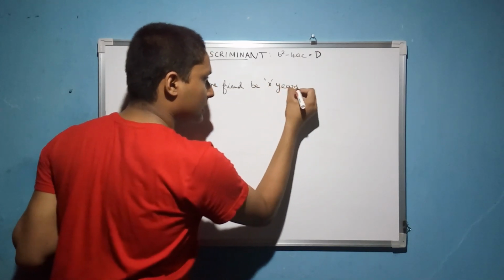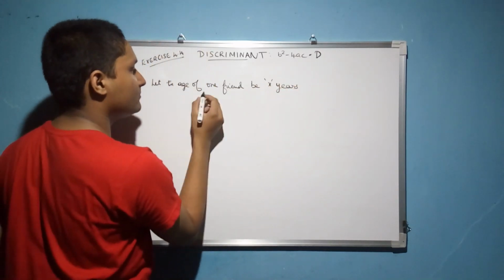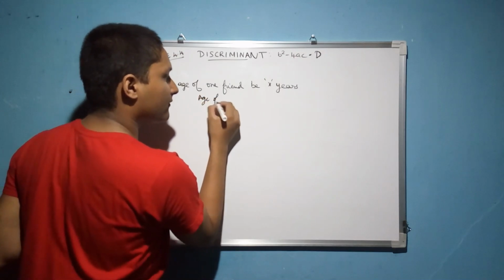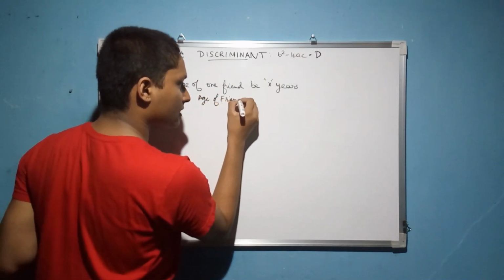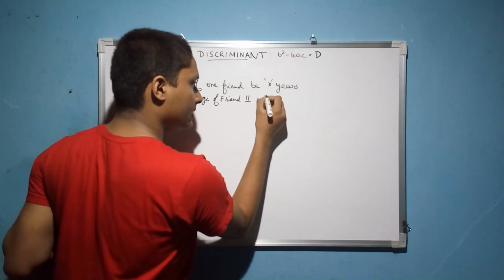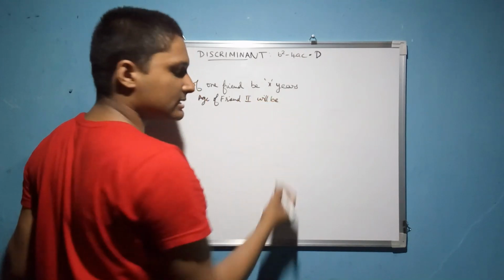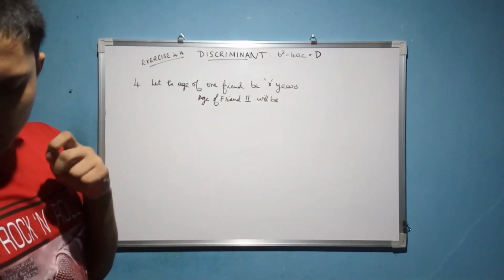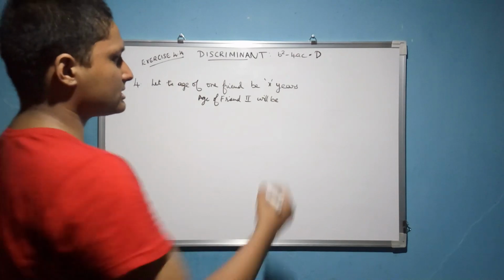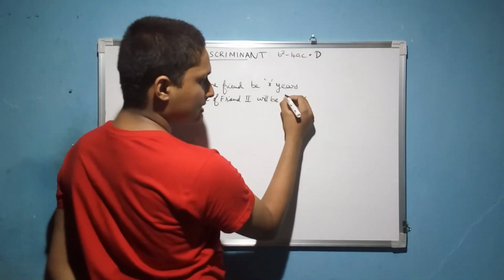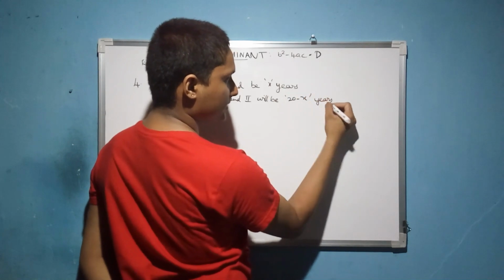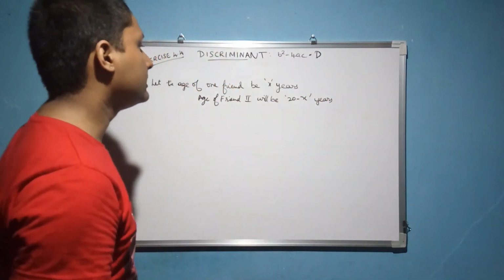That is the first one. So the age of the second one, friend 2, since the sum was 20 years, has to be 20 minus x years.